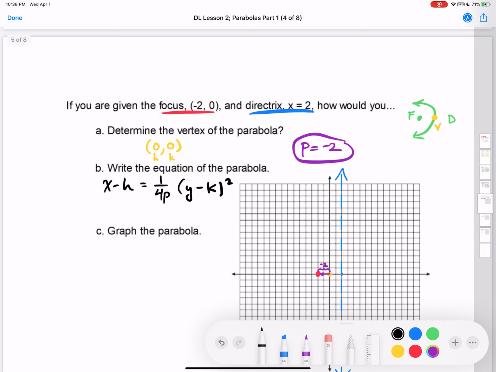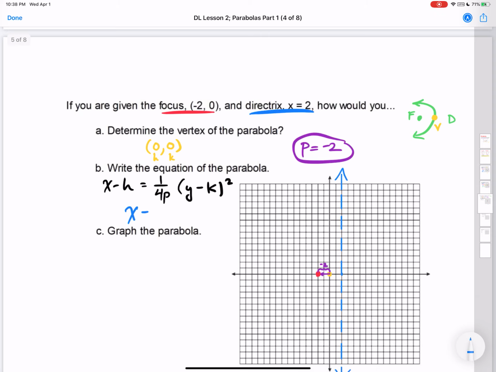So when I substitute everything in, h is 0 and k is 0, so that means x minus 0, which is just x, is equal to 1 over 4p. Well, p is -2, so 4 times -2 is -8. And I just move that negative sign to the numerator, so -1/8. And y minus 0 is 0, so that means y squared. So here's my equation: x is equal to -1/8 y squared.